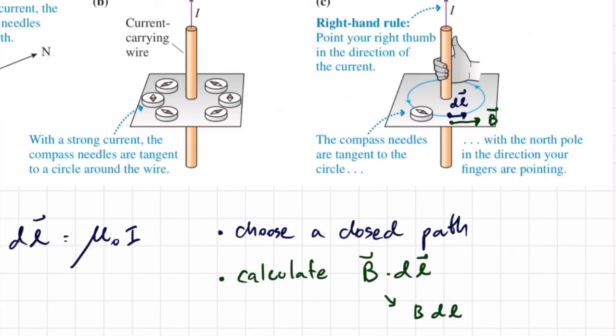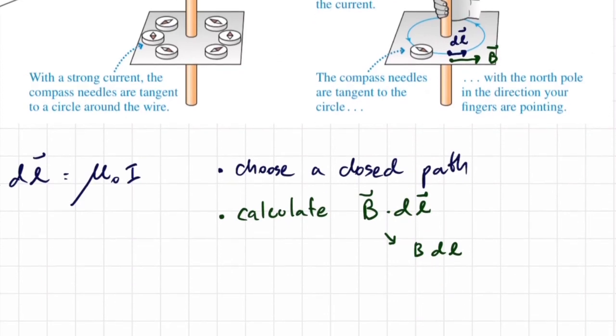The dot product contains the cosine term, where the angle is the angle between the two vectors. In this case, the angle is 0 degrees, so cosine of 0 is 1. That's why we don't need to include the cosine term. But in general, you might need to consider whether the cosine of the angle is really 1 or something else. It can also be 0.